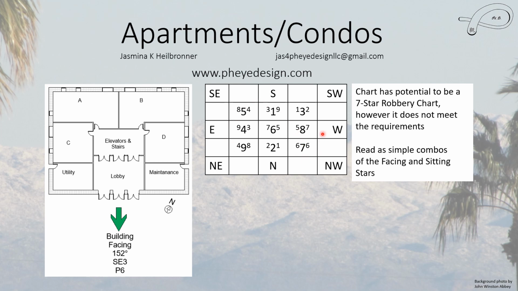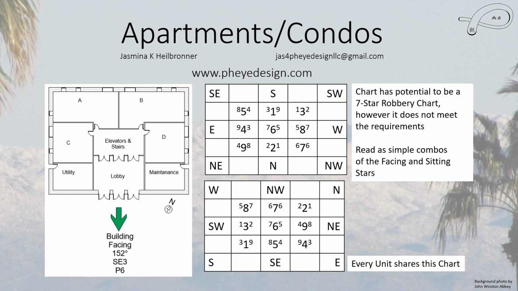So now we just read these as simple combos. That is, there's like 81 different possible combinations, and that information is out there fairly easy on the internet. Now I've turned this so that this is the building with the southeast down here. So now this is what you would actually lay over the chart, if you wanted to do it that way, or you can use the pie chart.